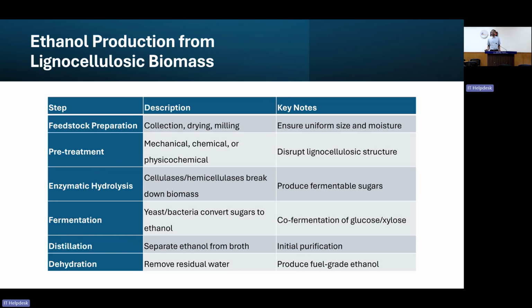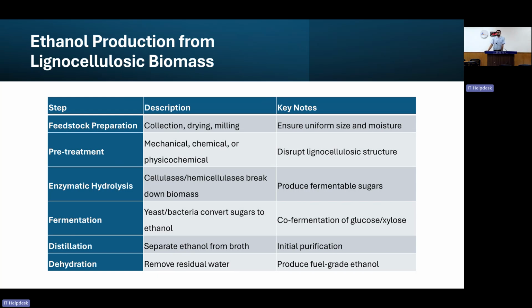Now coming to the ethanol production from lignocellulosic biomass. Mostly feedstock having higher cellulose and hemicellulose content is considered for bioethanol production.